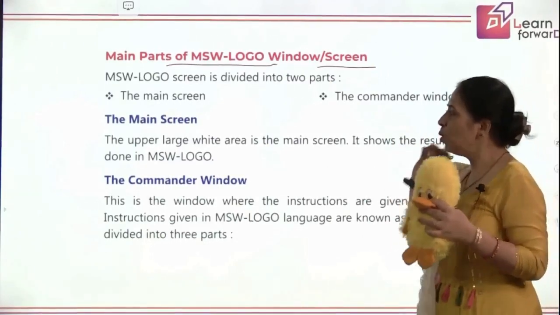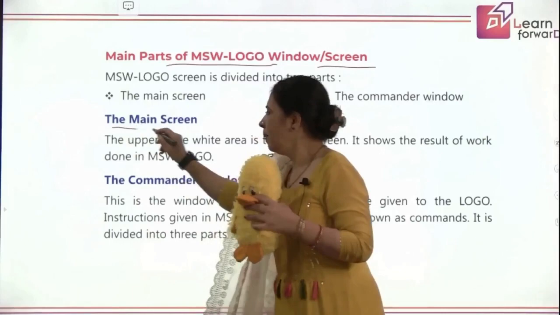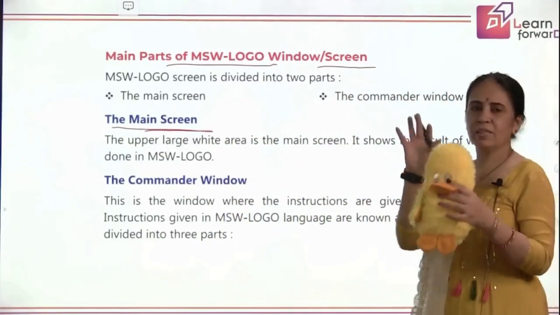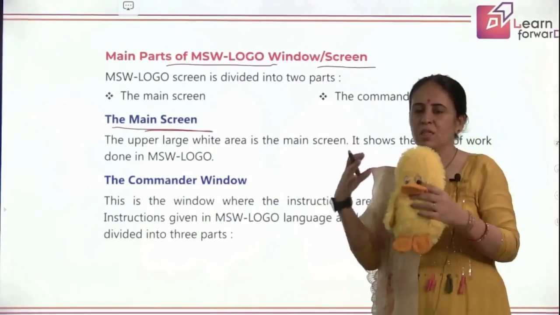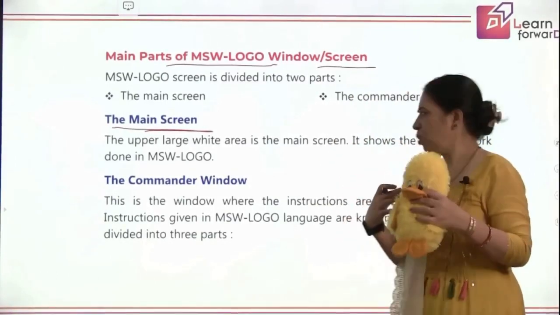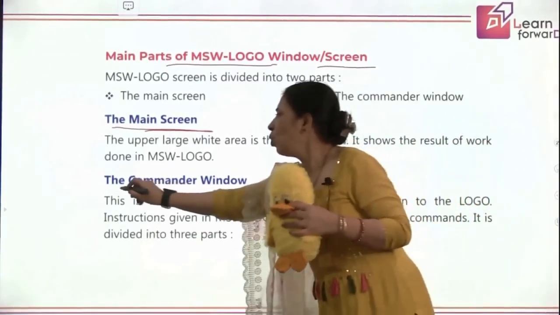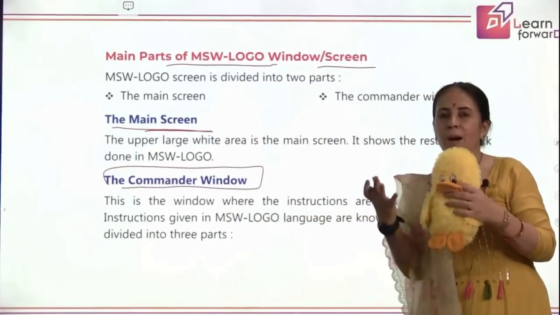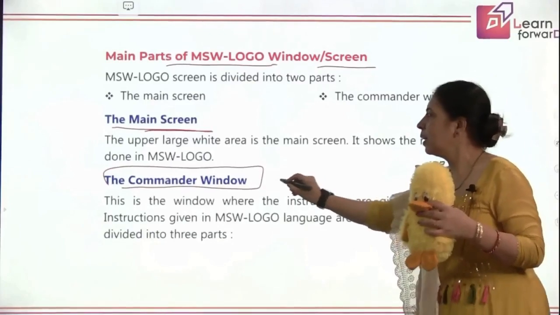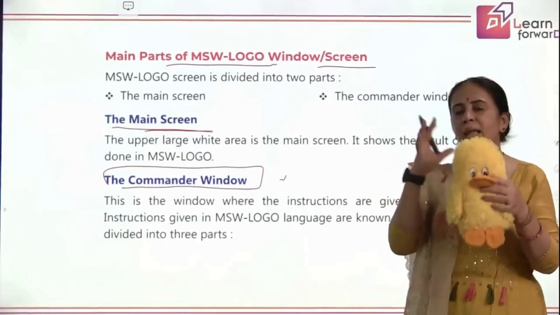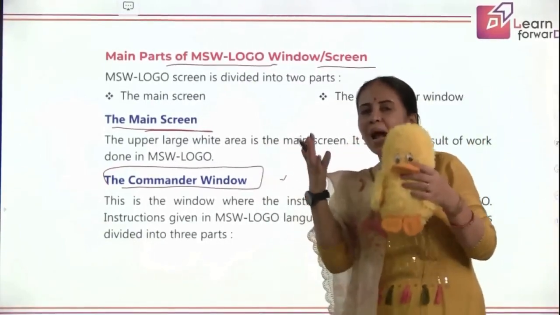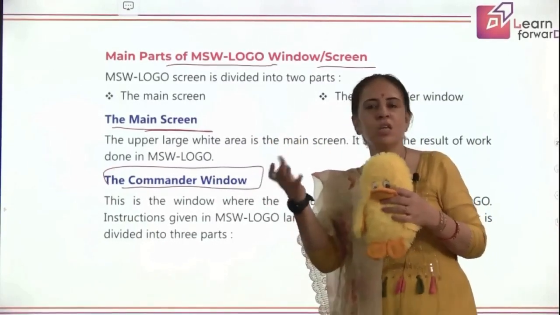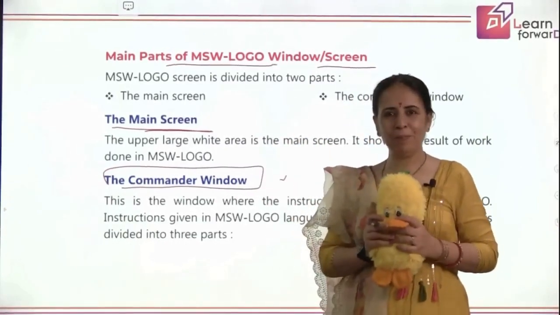So, the first most important part is the main screen. So, in the main screen, we have the instructions. We are giving certain instructions to the computer, and that is called the commander window. So, whenever you give commands, they go in the commander window, and in the main screen you are actually getting the output of what instructions you have given to the computer.